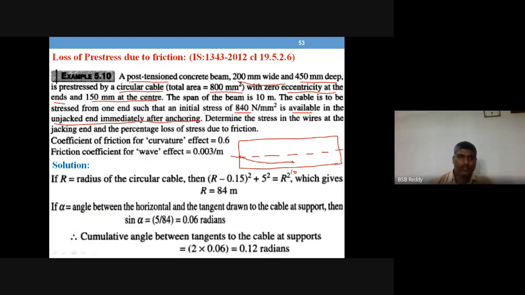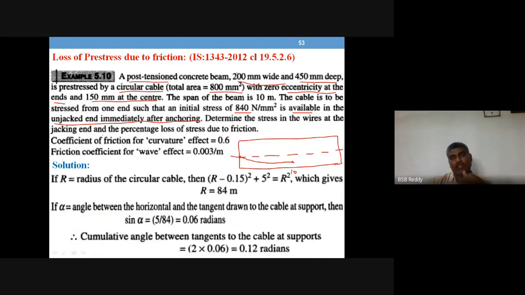The pre-stress value 840 is available in the unjacked end, which means it is not the P naught value. P naught value is the value which you induce by the jacking operation, at the jack end.